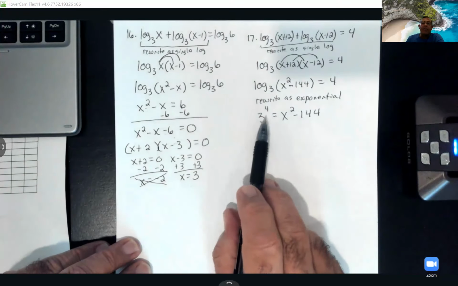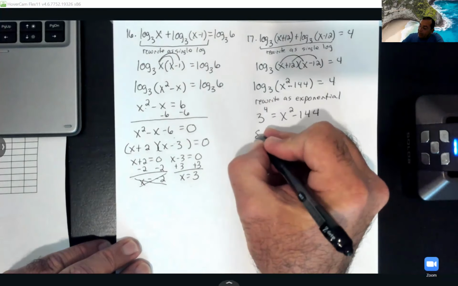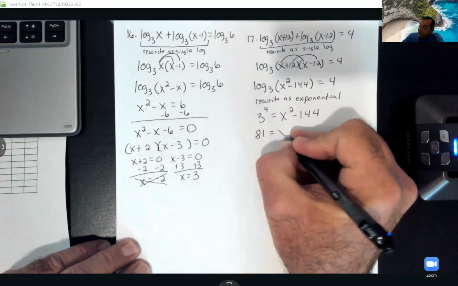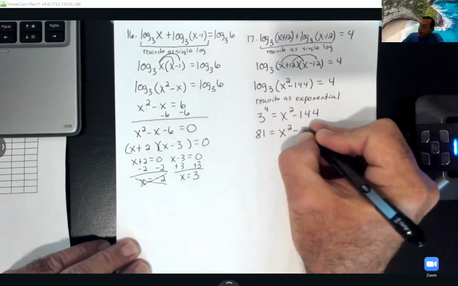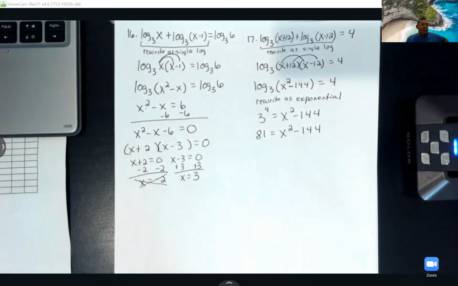All right, so let's think. 3 times 3 times 3 times 3 is 81. That's going to equal x squared minus 144. Now, what's nice on this one? You got 2 choices. You can make a 0 on this side and factor it like it was perfect squares.